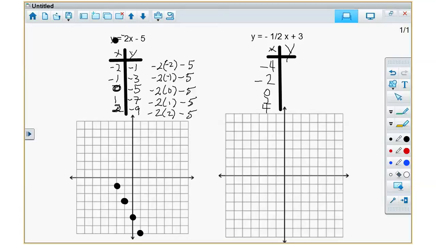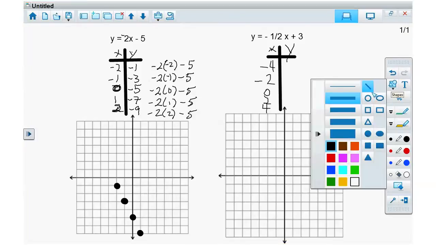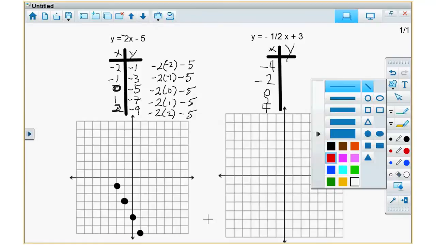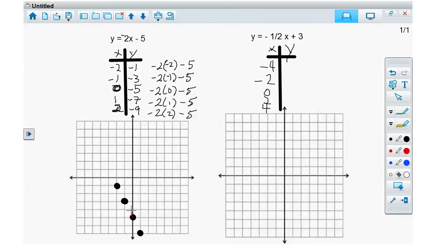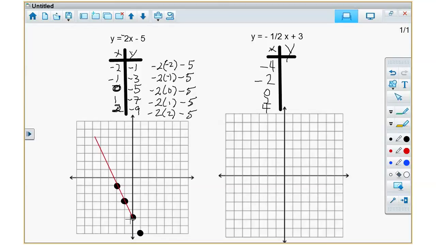But you're going to get -5/2, which is -2.5. 1, 2, so right in there would be that one. But anyway, you can take your handy dandy line maker now, and we'll make our line red. There's your line.